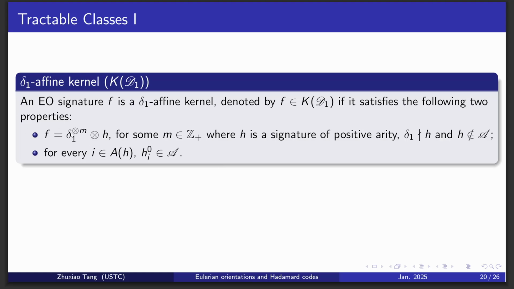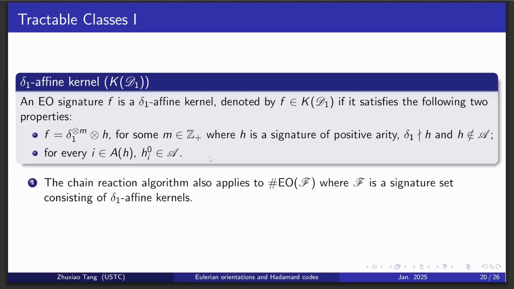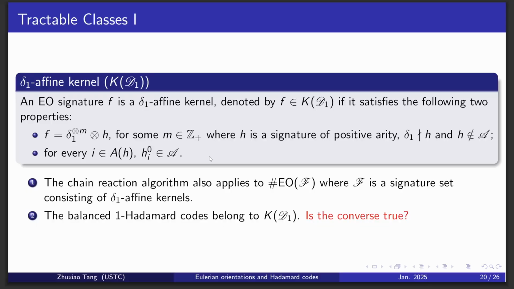The first property corresponds to there being an outgoing edge fixed at every vertex. And the second property corresponds to that after pinning 0, the signature becomes affine. The same analysis shows that the chain reaction algorithm applies to counting EOF, where F is a signature set consisting of delta 1 affine kernels. And the balanced 1 Hadamard code satisfies these two properties, so it belongs to delta 1 affine kernels.